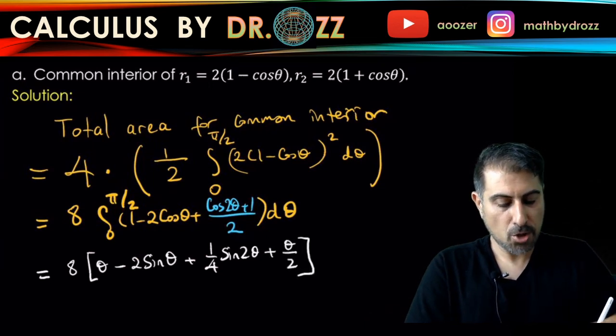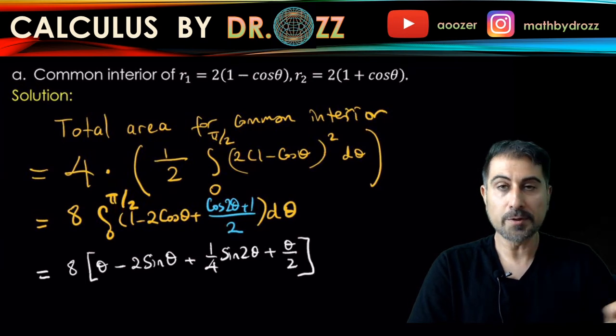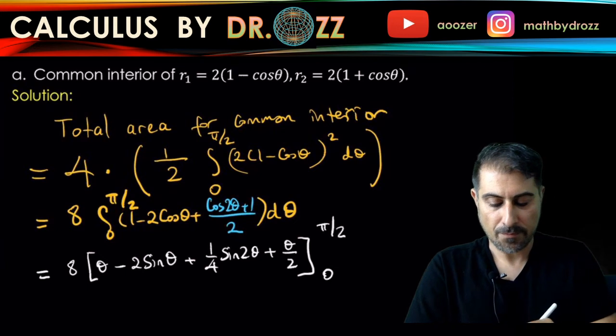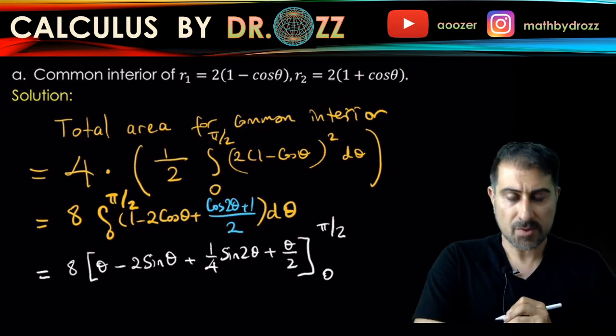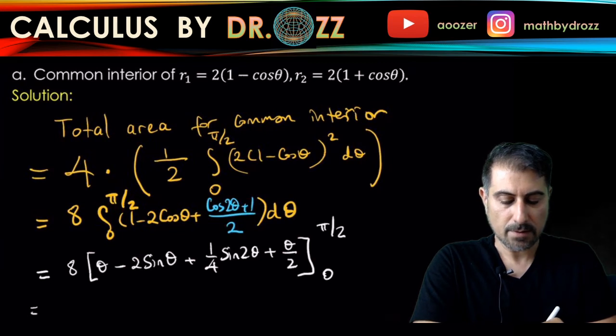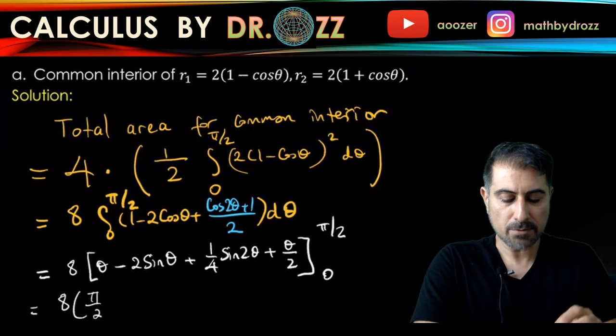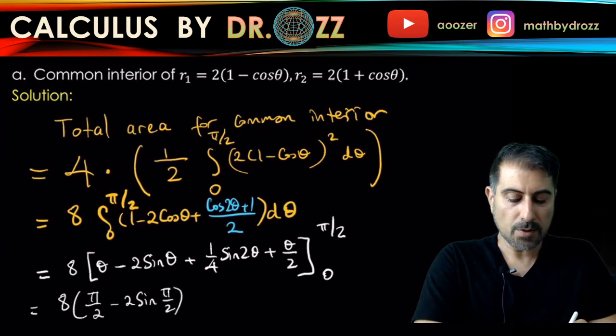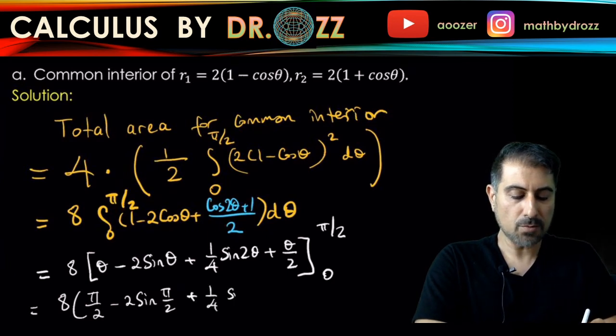And this is from 0 to pi over 2. All right, so let's plug in the upper limit. So what do we have? 8 times pi over 2, minus 2 sine pi over 2, plus 1/4 sine pi, and plus pi over 4.